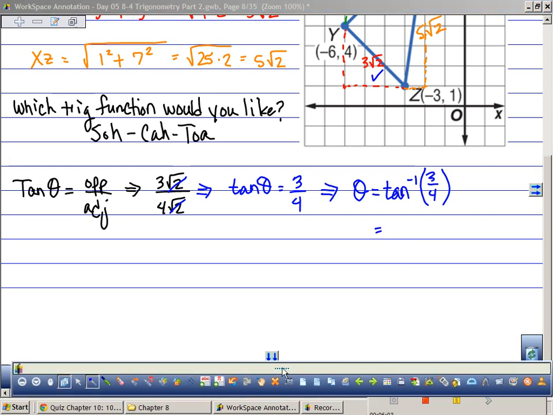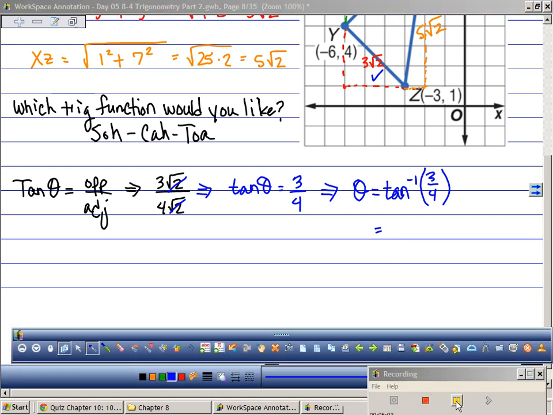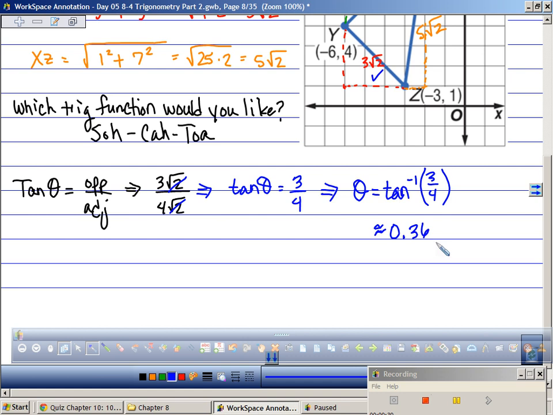So I'm going to pause this and do this on my calculator. Okay, so when I do that, I get, what did I get? About 36.8698.